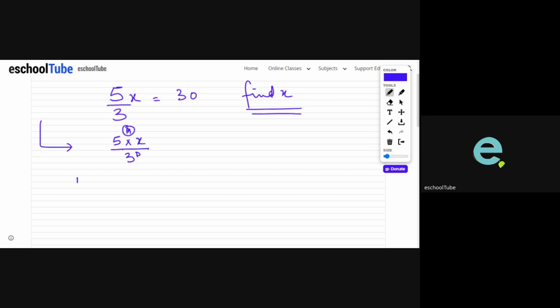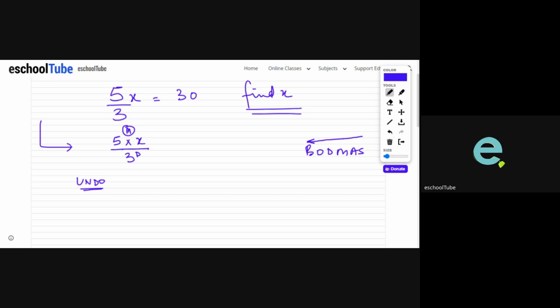So now you have to undo. So quickly write BODMAS. And since you have to undo, go from right to left. So first of all, what will you undo? Sir, multiplication. First you will undo multiplication.